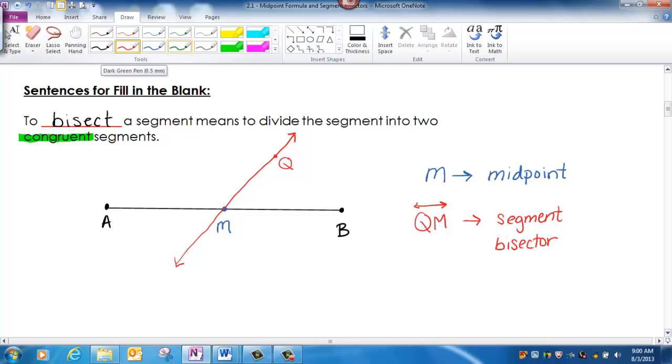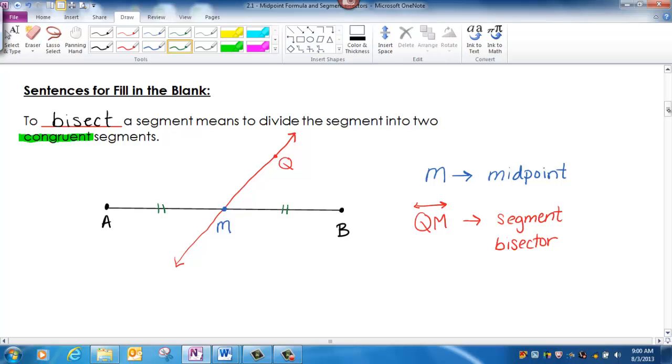And then last, remember, if we want to show that AM is congruent to MB, we would want to put the same number of slash marks on those two segments to indicate that they have the same length.